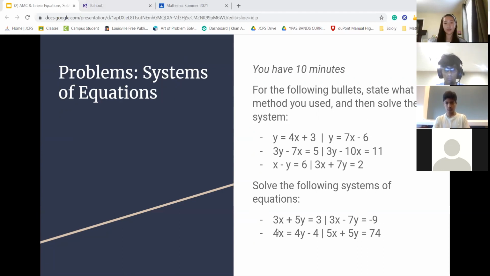For the last 2, just solve them. You can use any of the methods for any system of equations, but sometimes a certain method will be easier and more efficient. Just try your best for now and say which one you use.